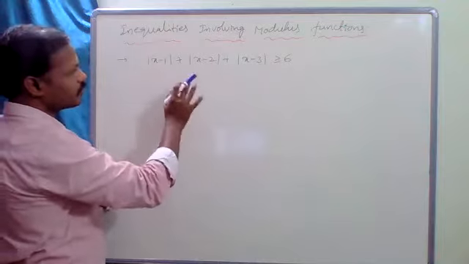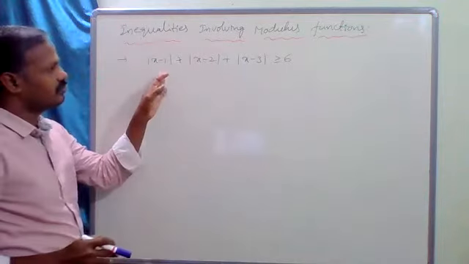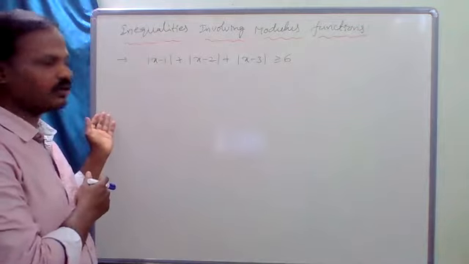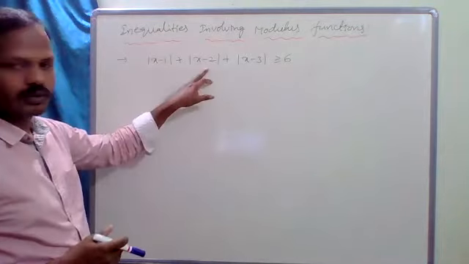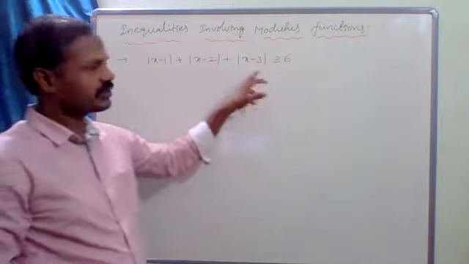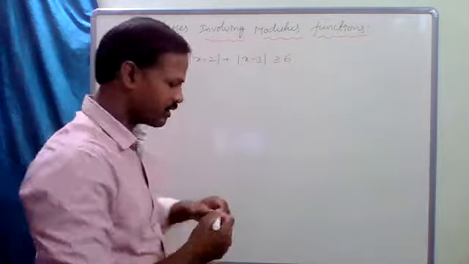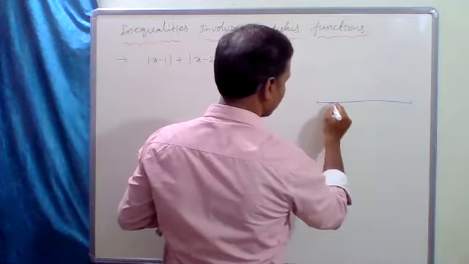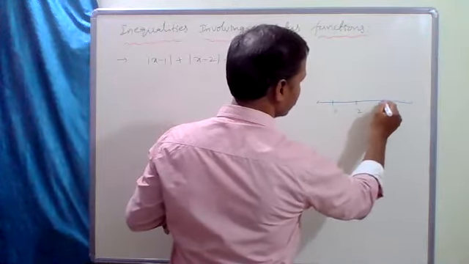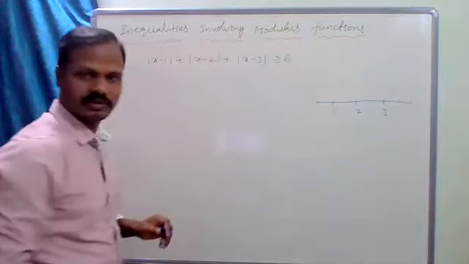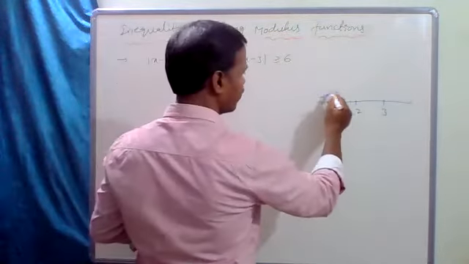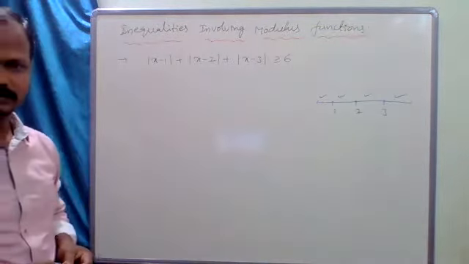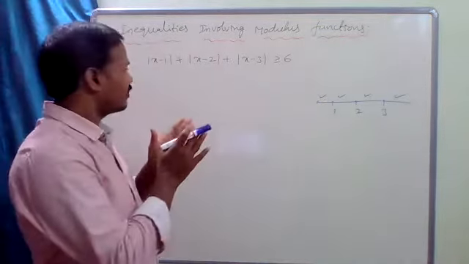So now you have to check where x is less than or equal to 1, or x lies between 1 and 2, x lies between 2 and 3, and x greater than 3. So 1, 2, 3 are the modulus points. You have to check here, here, here, and here. You have to check each and every case because they are separated.